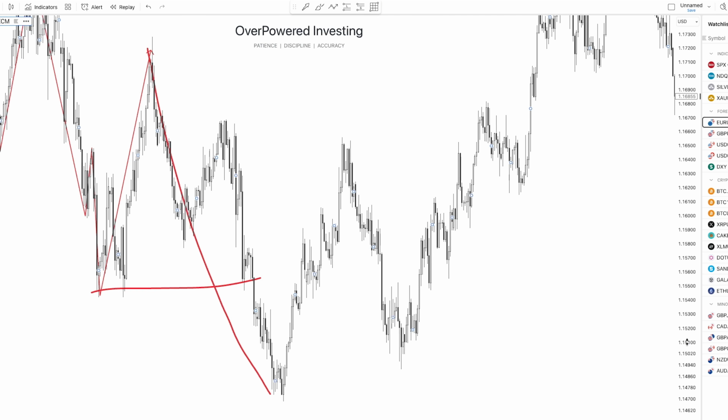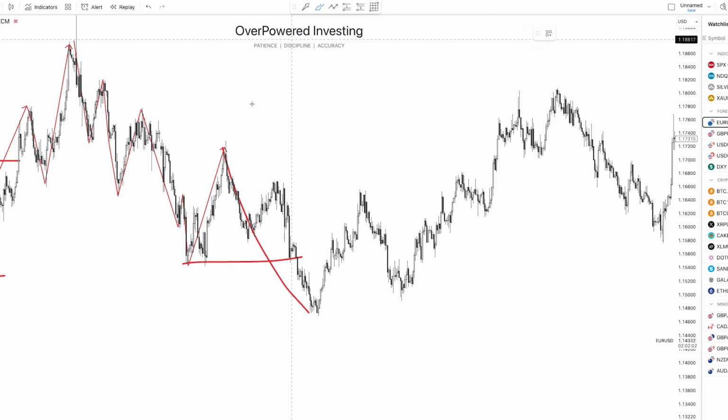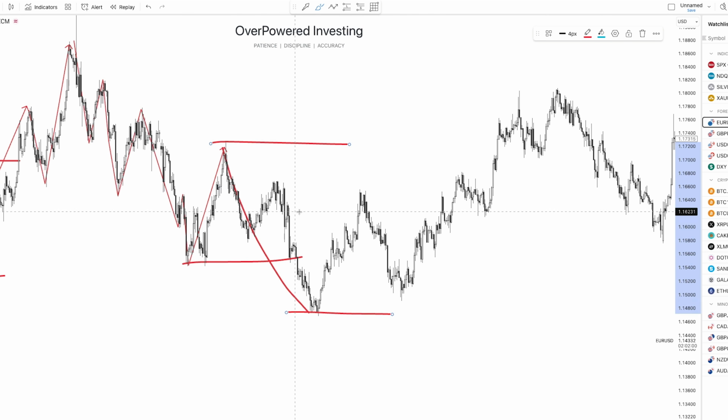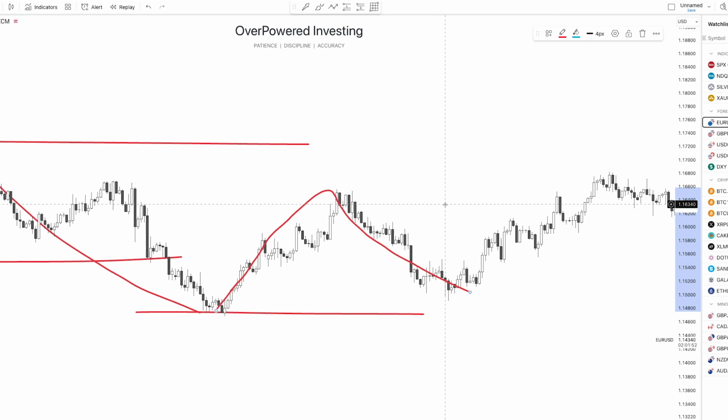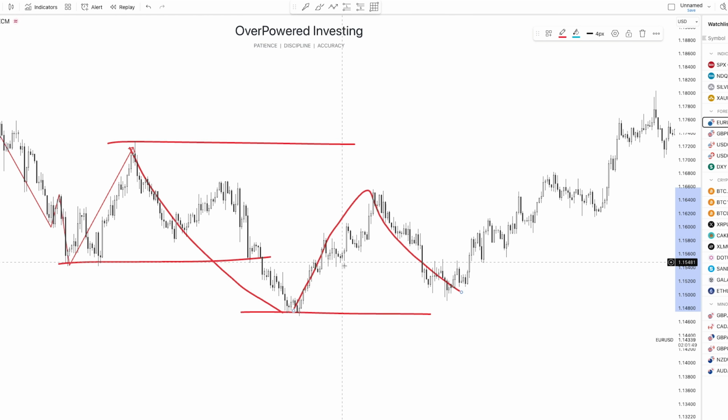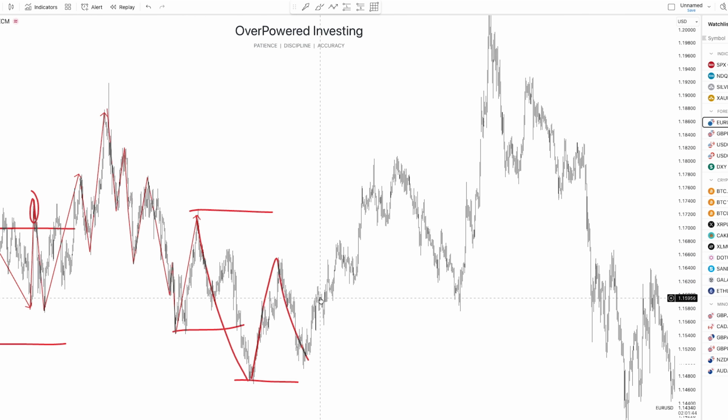In this case, we are inside of these two highs, this high, this low. The price is pushing up, down, like it's just ranging inside. Probably we are building up some internal noisy structure.